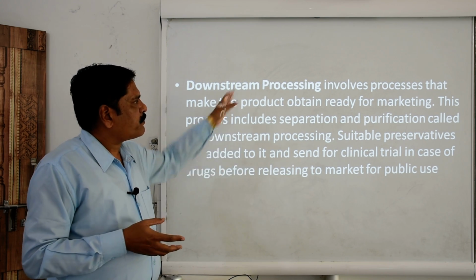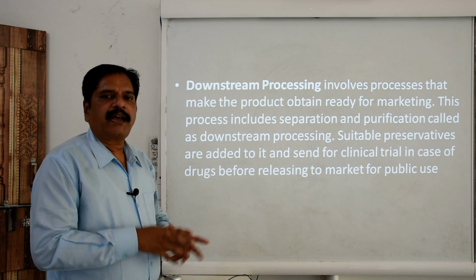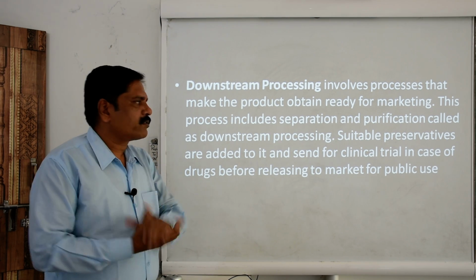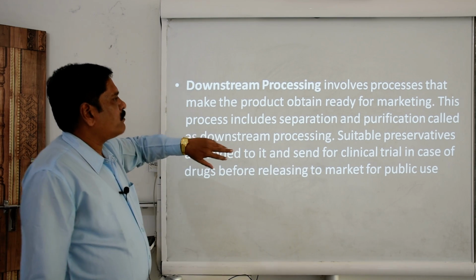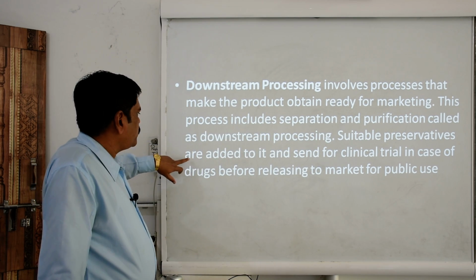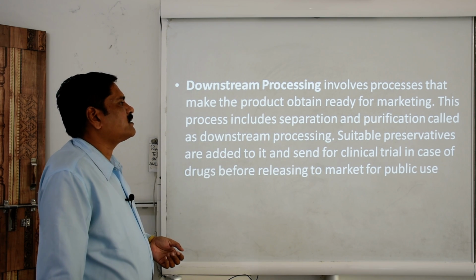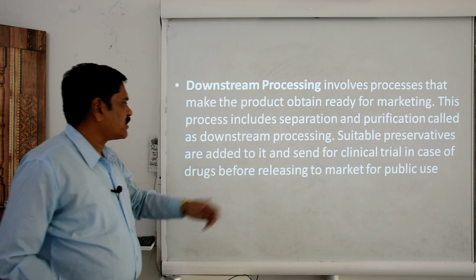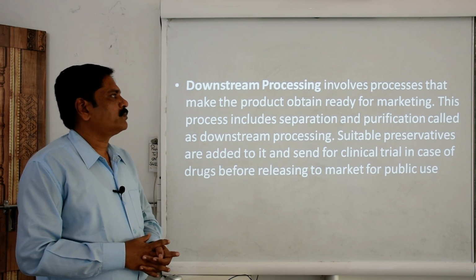Whatever product we obtain, we need to purify it and make it ready for marketing purposes, clear. And suitable preservatives are added to it and it is sent for clinical trial in case of drugs before being released to market for public use, okay.